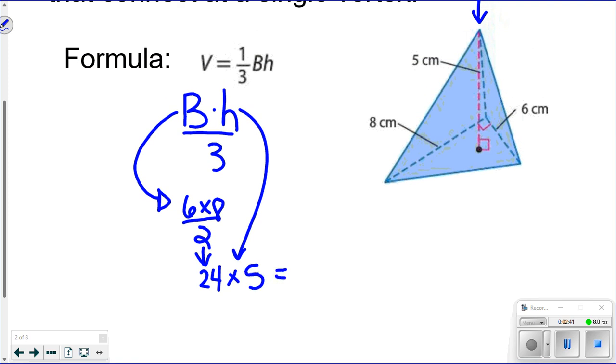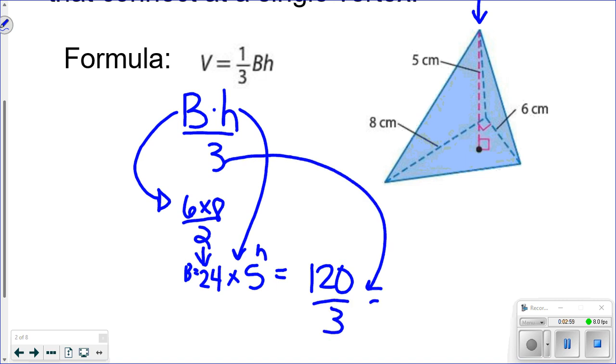Multiplying these two things together is what my big B and my H is. 24 times 5 would be 120. Okay, so I did my B and I did my H, but I did not divide by 3 yet. Dividing by 3 is going to give me 40 centimeters cubed.